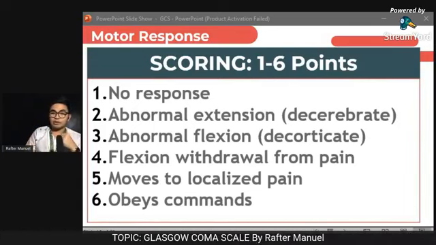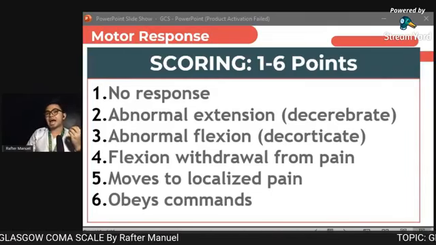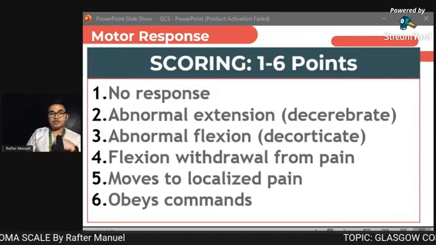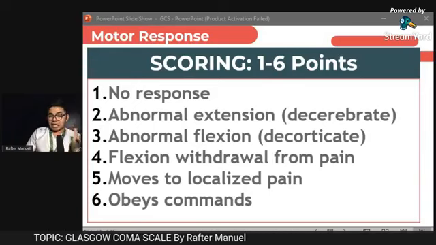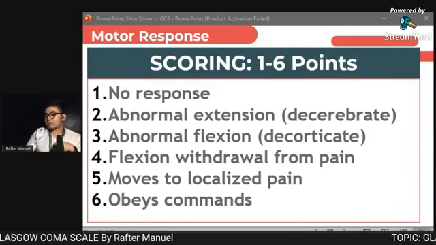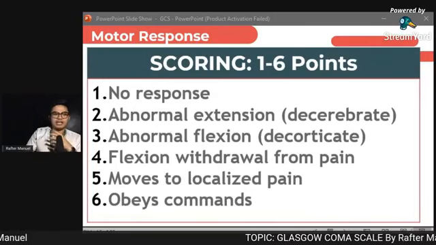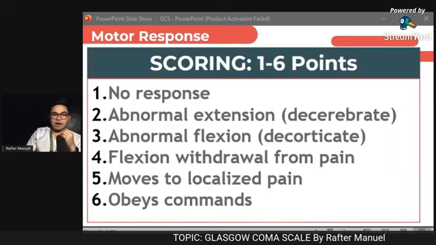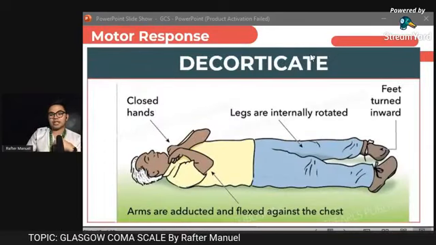That is what we call decorticate posturing. So what is happening here is that we have this injury that has gone down and impacted. It even started to have maybe an impact at the top parts of our brainstem. And so we're going to start to get these real primitive responses in our patient's motor response. Okay, this is what decorticate looks like.